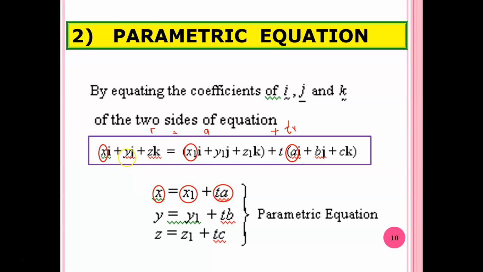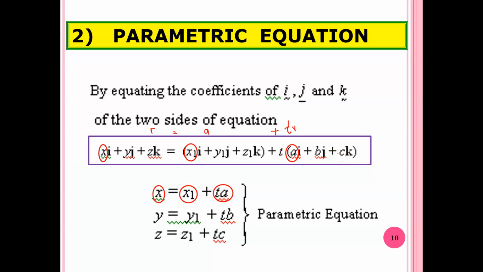On the left-hand side you have y, and on the right-hand side you have y1 plus tb, because this is j, right? So you have b. The procedure is the same for k. So the coefficient for k is z equal to z1 plus tc.